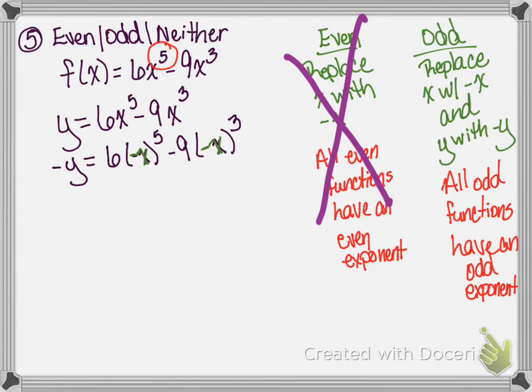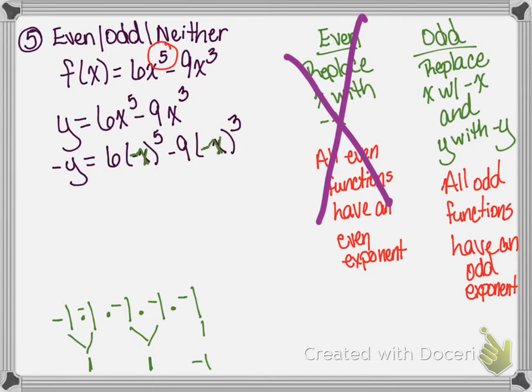So when I raise it to an even power, I get a positive. When I raise it to an odd power, I'm always going to get a negative. So negative 1 times negative 1 times negative 1 times negative 1 times negative 1. Okay? Here I get a positive. Here I get a positive. And here I have a negative.